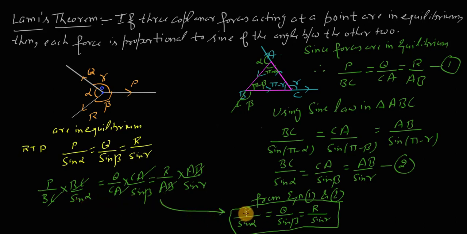And this result, look whether we have proved the statement or not. Each force is proportional to sine of the angle between the other two. If we suppose this is equal to a constant of proportionality K, then P by sine alpha is equal to K. This implies that P is equal to K sine alpha, so P is proportional to sine alpha.